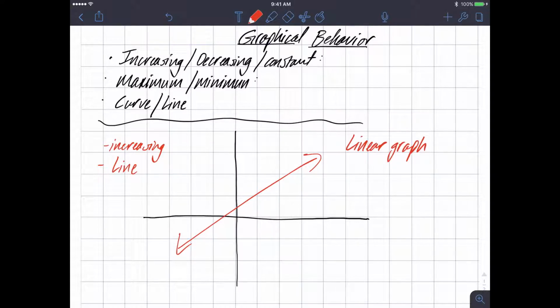In case you don't know, I'm sure you do though, that was increasing. A graph that would be decreasing would look something like this.